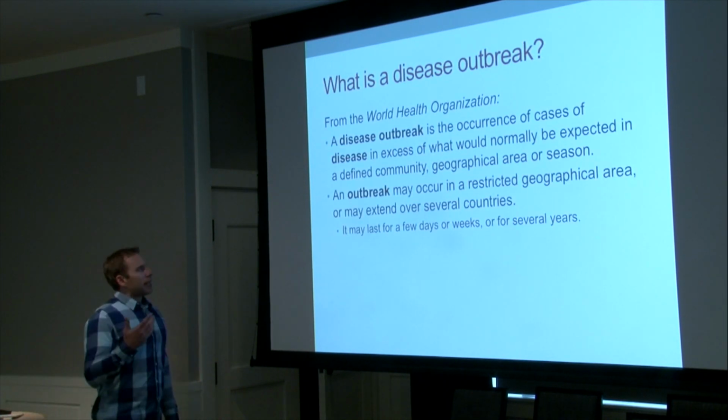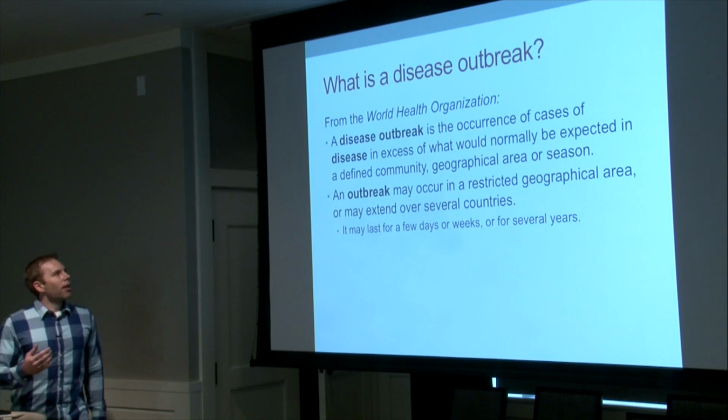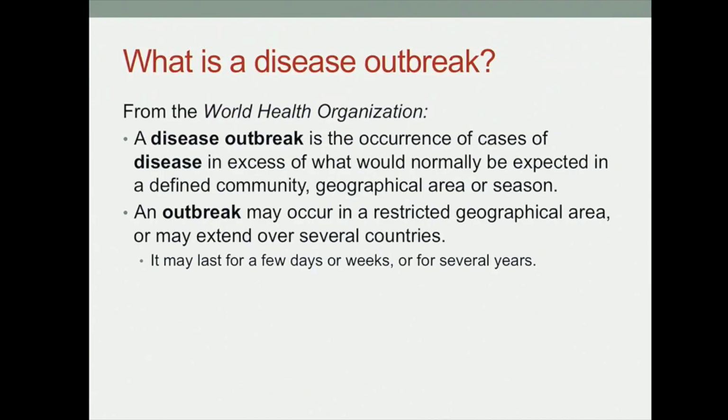So what exactly is a disease outbreak? I'm just going to cite the World Health Organization, which seems like a pretty reputable source. A disease outbreak is essentially the occurrence of cases of disease more than what you would expect during the typical time period, or over the specific community, geographic area, or season that you're looking at. So in its basic sense, it's really just seeing more cases than what you expect.